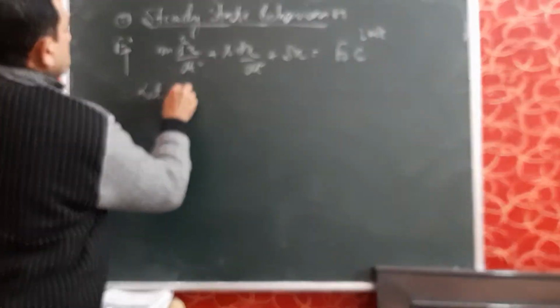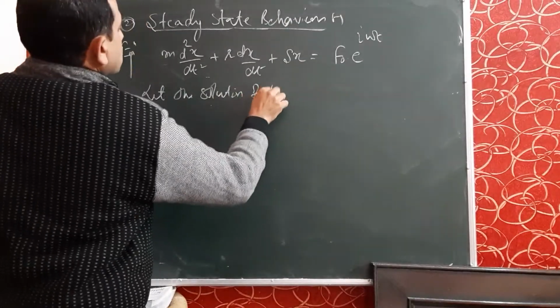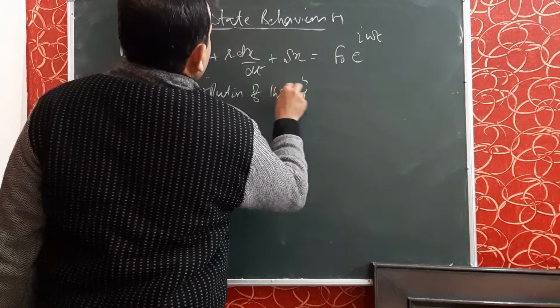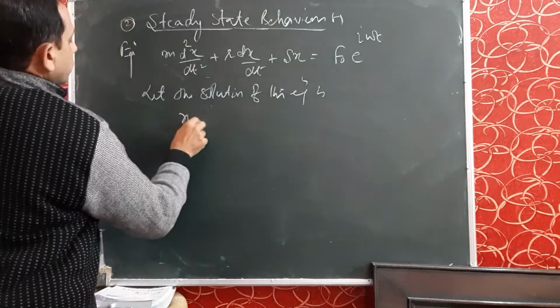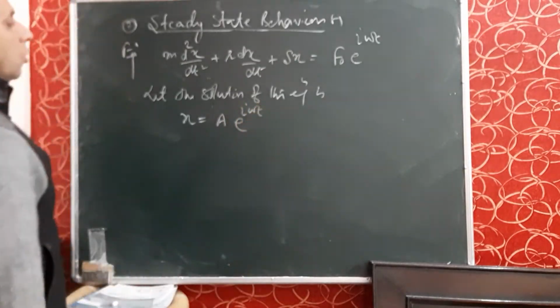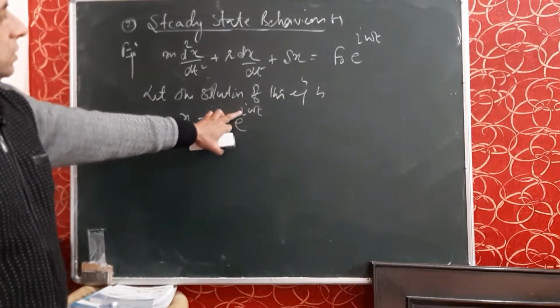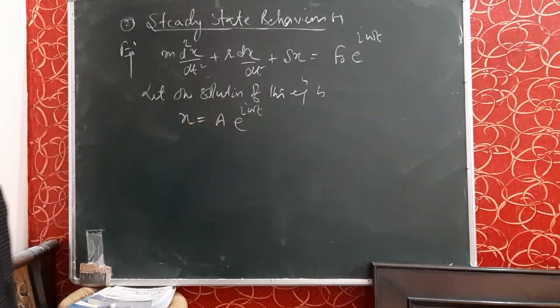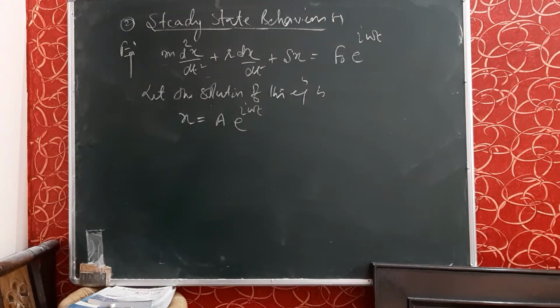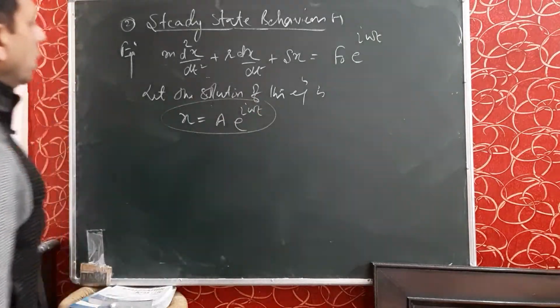So, let the solution of this equation be in the form of x is equal to a e power iota omega t. So, the solution is also in terms of iota. Iota means imaginary or complex nature.